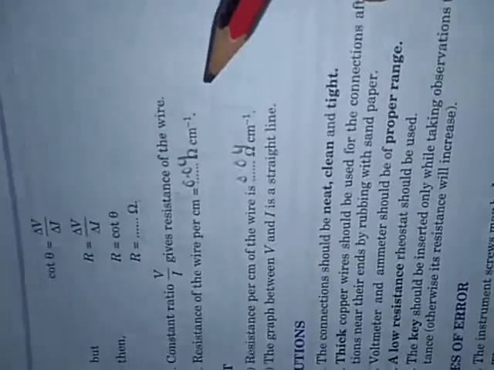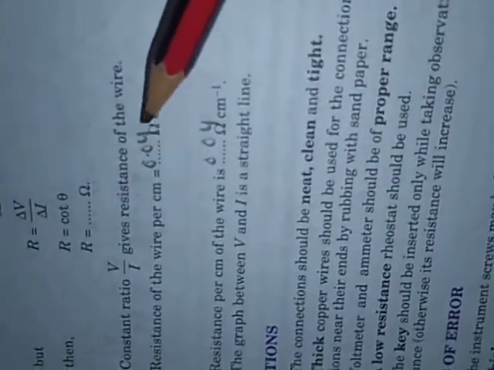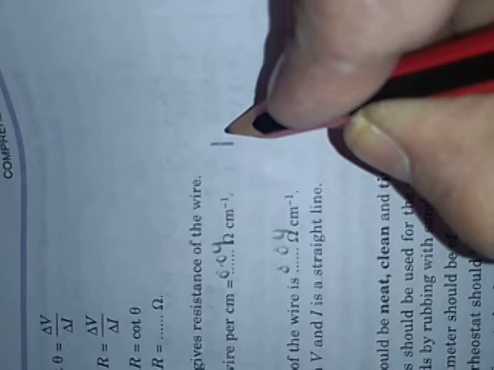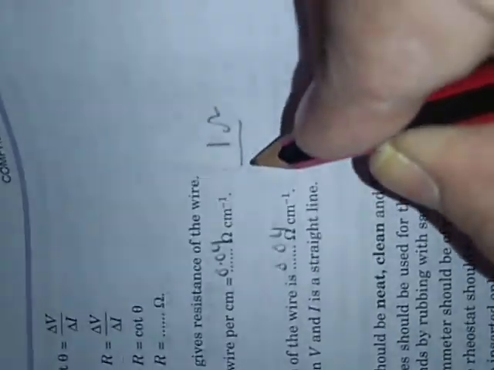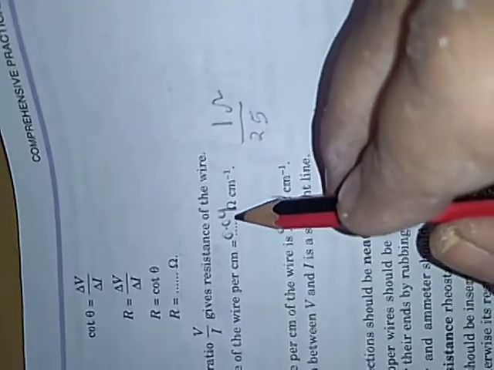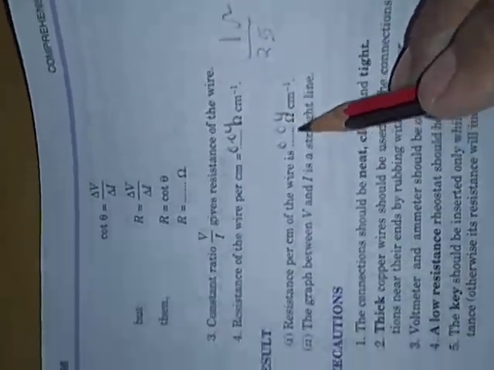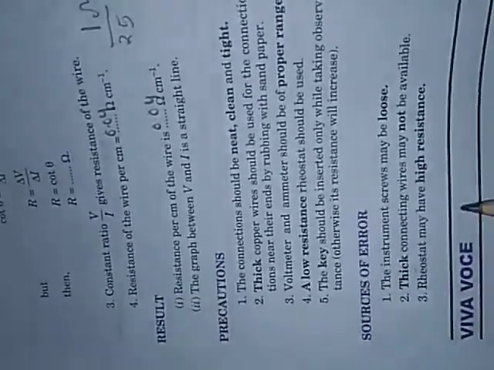The resistance per centimeter of the wire can be written as 0.04, as we have calculated the resistance is 1 ohm and the length of the wire is 25 centimeters. After dividing it is approximately 0.04 ohm per centimeter. In this way we have completed this experiment.